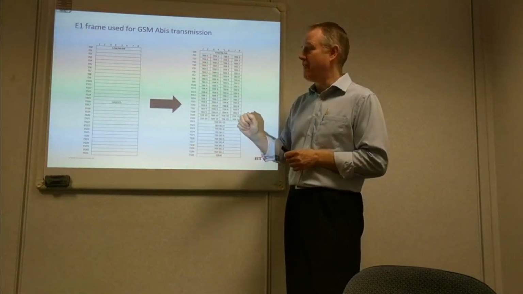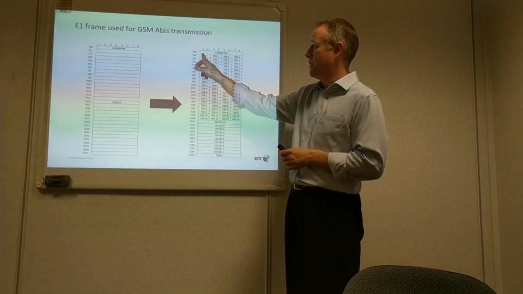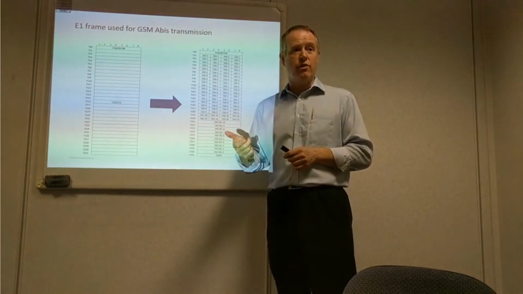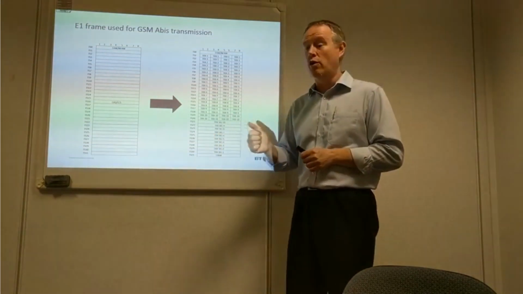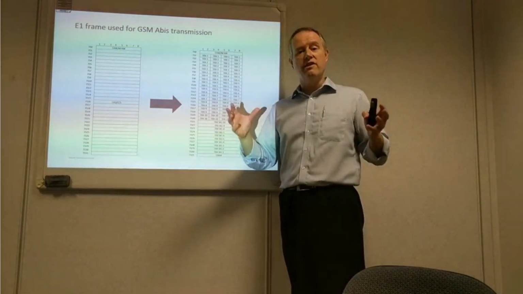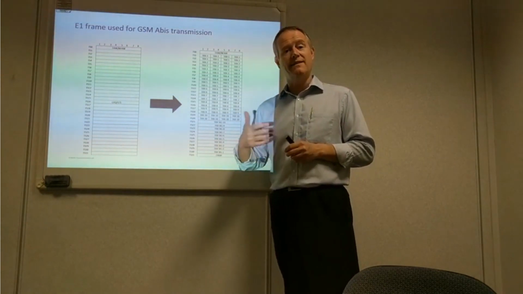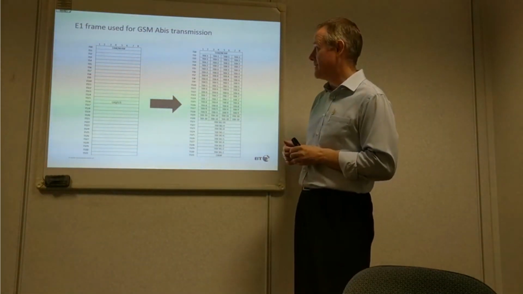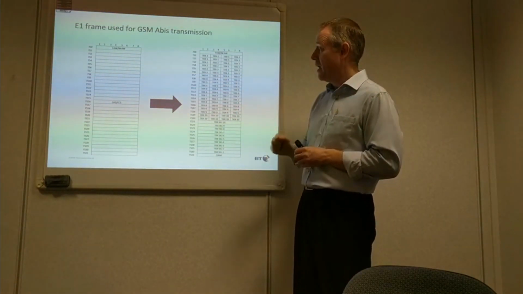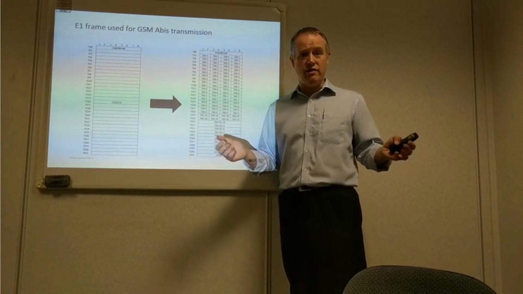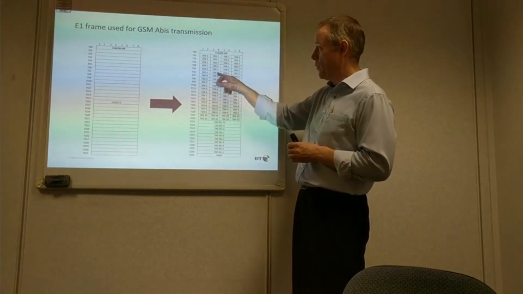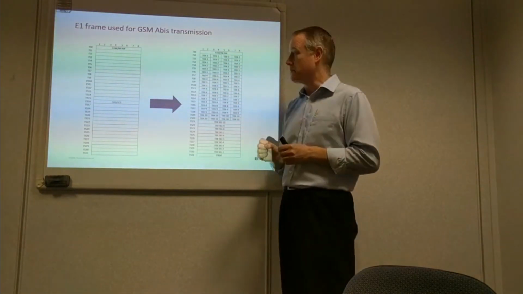So if it was a single TRX, then this time slot on the radio interface would actually be a broadcast control channel, along with maybe an SDCCH, standalone dedicated control channel 4, and you would then just increase the number of control channels, particularly SDCCH, as you increase the capacity with more TRXs. Of course, you could have either an omni configuration or a sectored configuration as well, and that would impact the way you actually build the Abis time slot map.